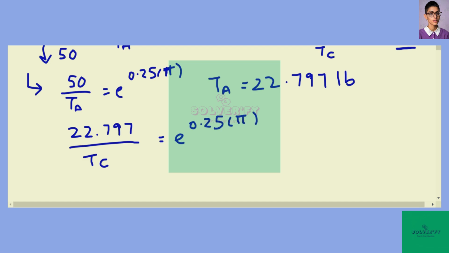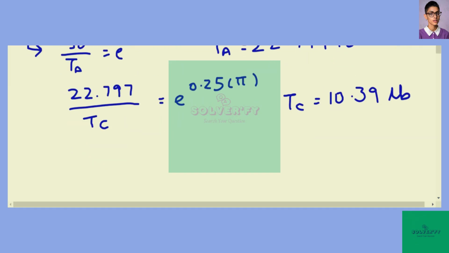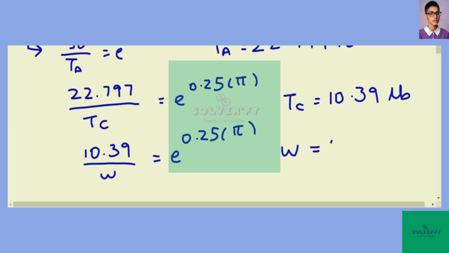And so TC is 10.39 pounds. And to find W, we have TC being the larger weight, W that's getting lifted up, to be equal to e to the static coefficient of friction times the angle pi. And so the smallest weight of W that maintains equilibrium is 4.74 pounds. And that's our answer to part A.